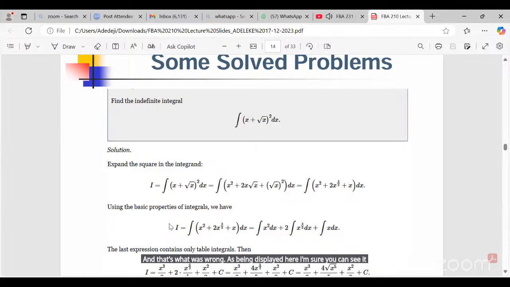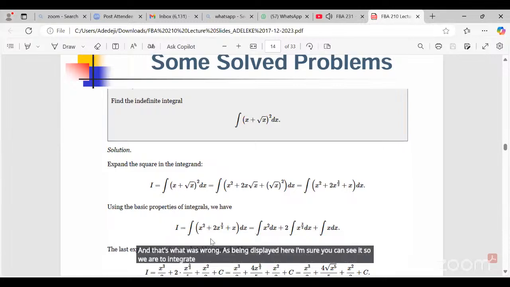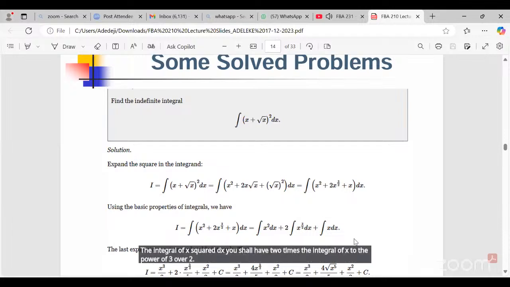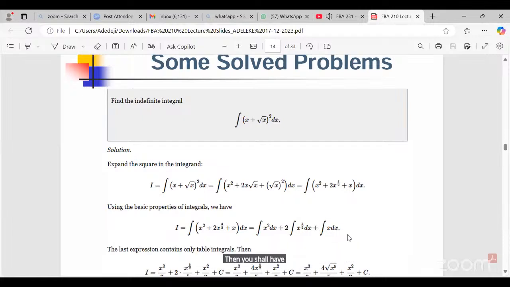So we are to integrate x squared plus 2x to the power of 3 over 2 plus x. If you bring in the integral function, you shall have the integral of x squared dx, then 2 times the integral of x to the power of 3 over 2, then the integral of x dx. It's very straightforward.